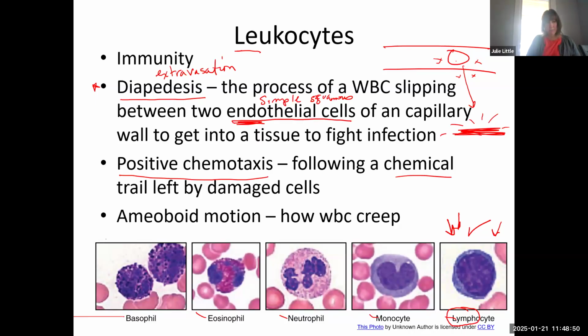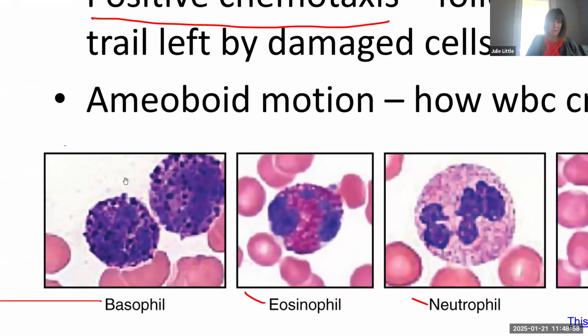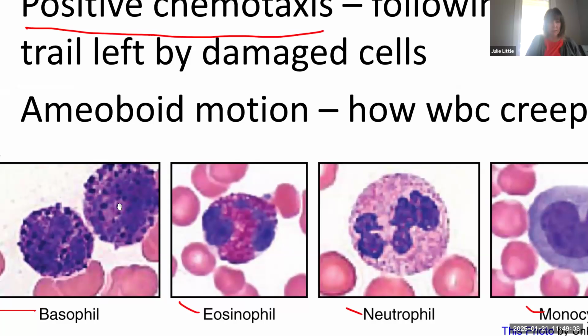So get an idea of what these guys look like. They're all white blood cells. You have to identify them on your lab practical. And the basophil, this guy right here. Look at how different the basophil is. See these little black granules? See the black granules in here? They're so dark that they obscure the nucleus altogether.